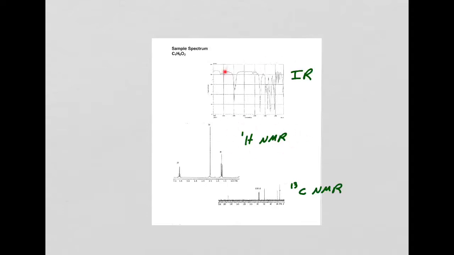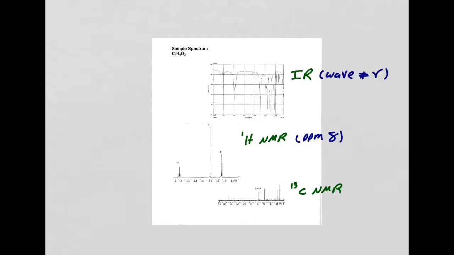Here's the IR. You knew what it looked like before. Here's another example of an IR spectrum. For IR, we look at wave number. Now for Proton NMR, we look at ppm.